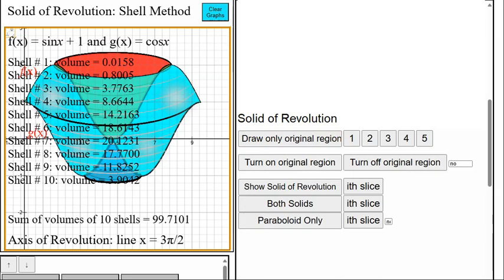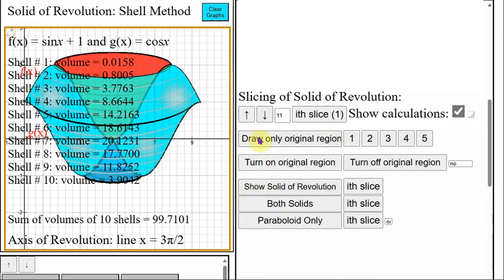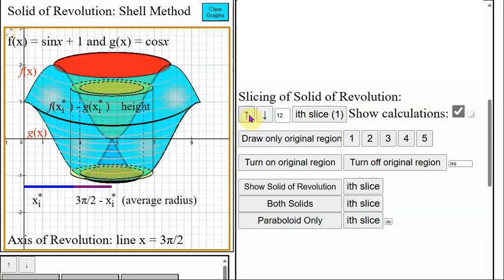And here's what one shell will look like. The distance from the center to here is the outer radius, and the distance from here to here is the inner radius. And right in the middle, the distance from the center is called the average radius. Let's call the distance from the y-axis to the middle x sub i star.